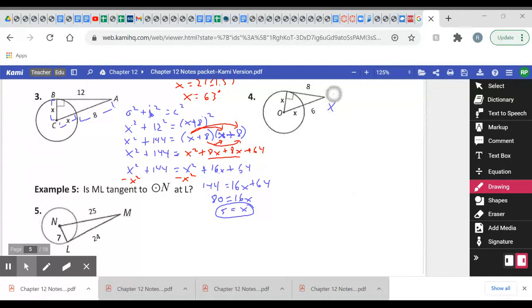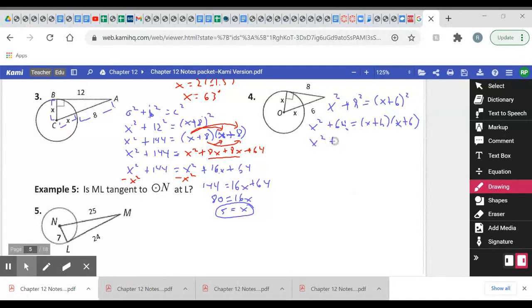And in this case, we're going to have x squared plus 8 squared is equal to x plus 6 squared. So again, same idea, x squared plus 64 is equal to x plus 6 times x plus 6.